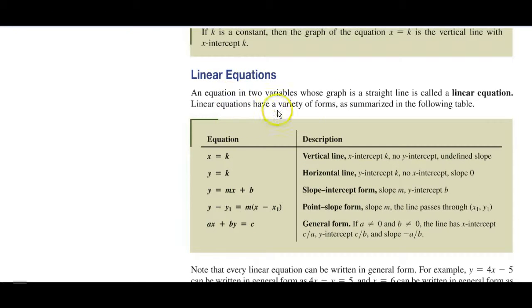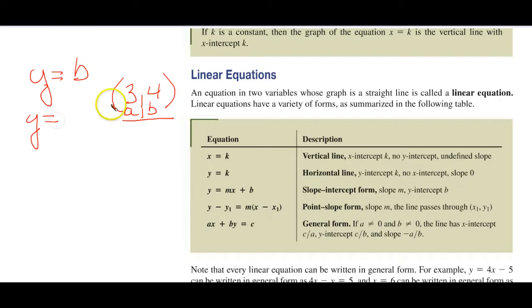Now, I don't know if I skipped it, but if they ask for an equation of a horizontal line going through this point, remember this is a, b, and the equation of a horizontal line is y equals b, your equation would then be y equals 4. Just as a vertical line would be x equals 3.